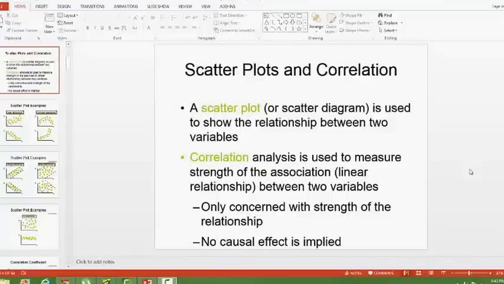So how do we quantify the relationship? Correlation is the statistic used for quantification purpose. So we can measure the strength of the association between two variables by finding out correlation statistics.